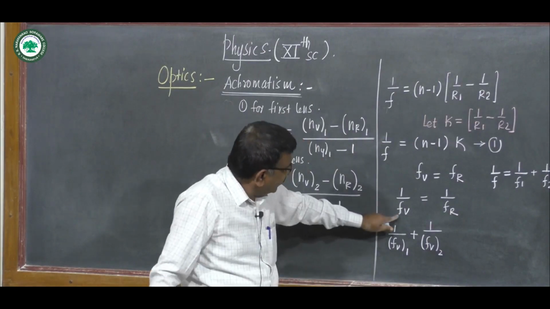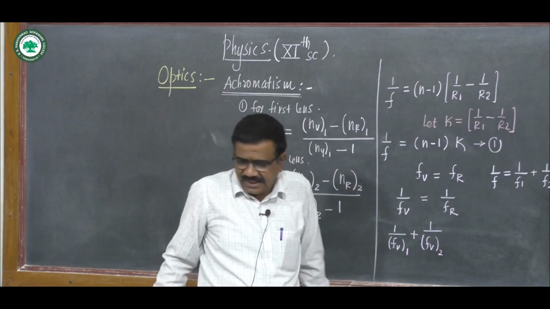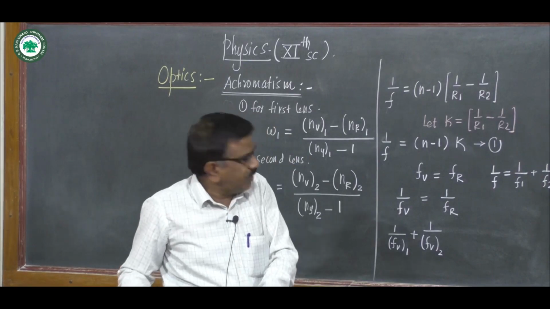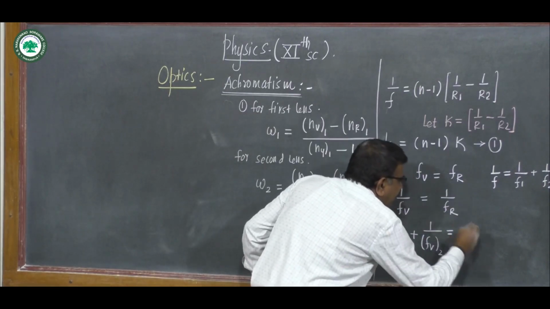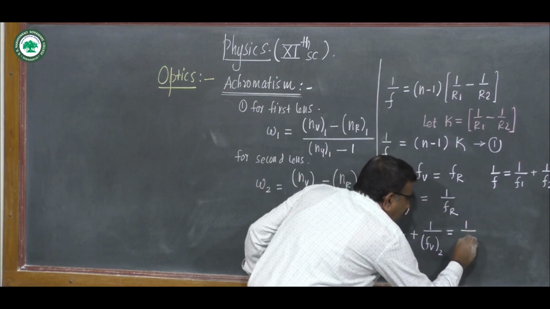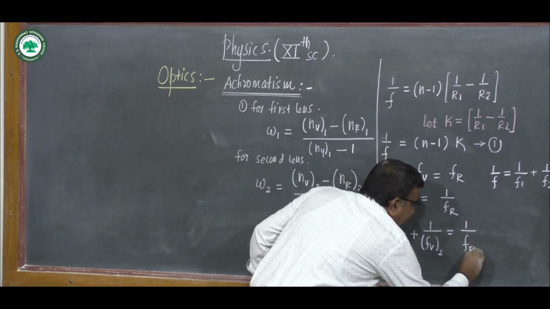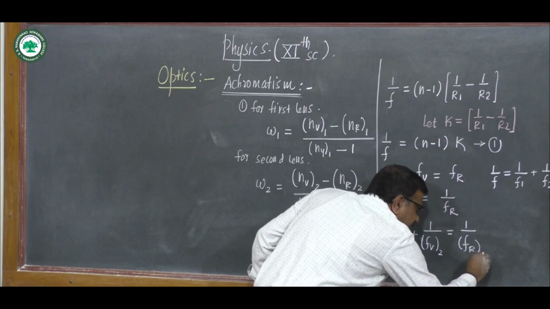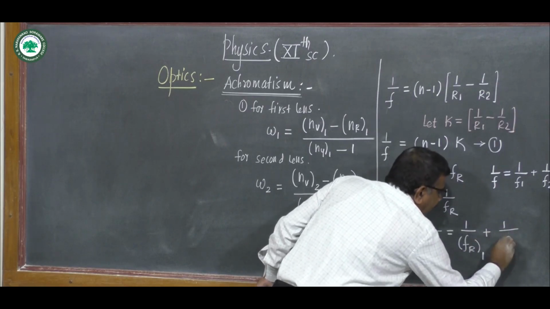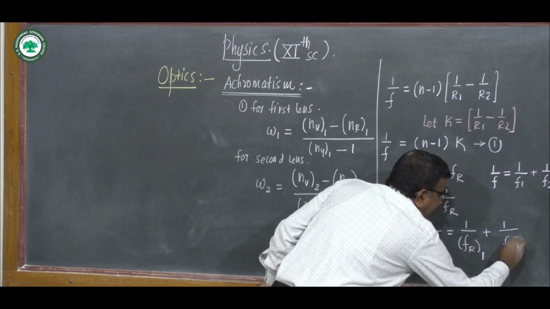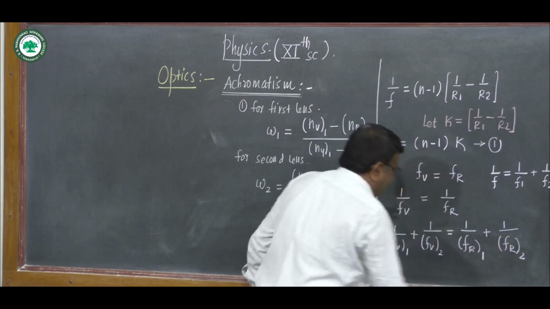So 1 upon FV1 plus 1 upon FV2 is equal to, similarly, 1 upon FR1, focal length of ray for the first lens, plus 1 upon focal length of ray for the second lens.